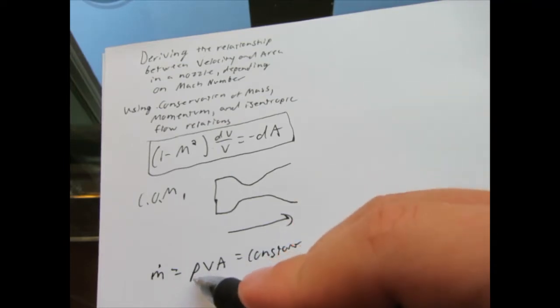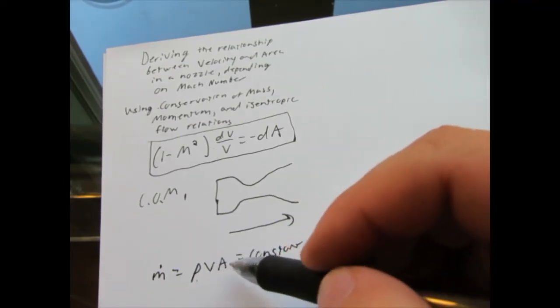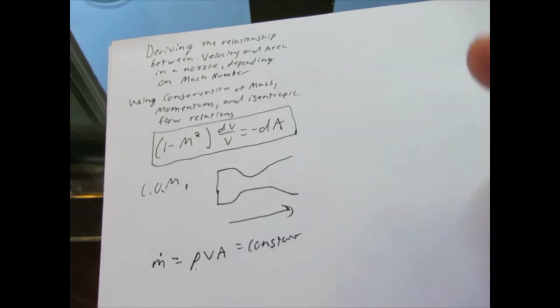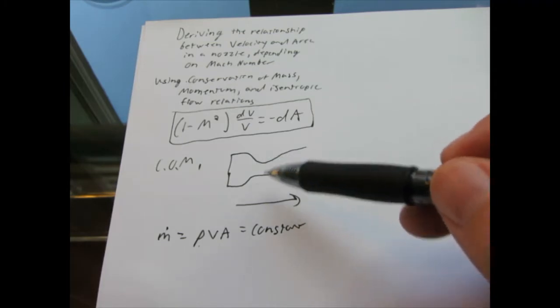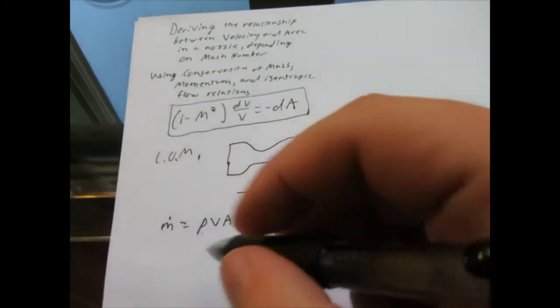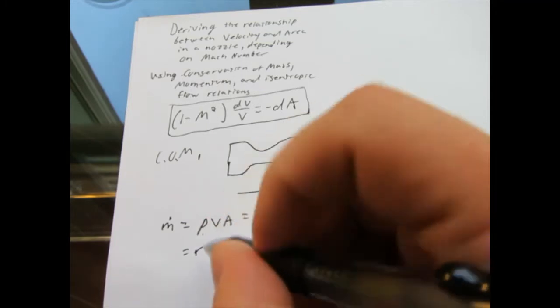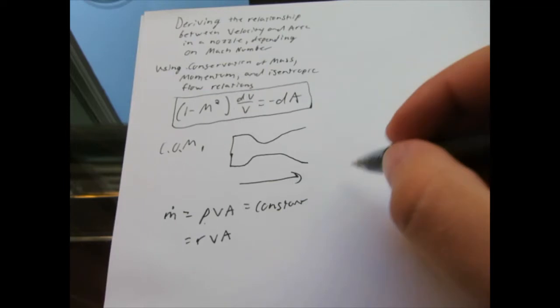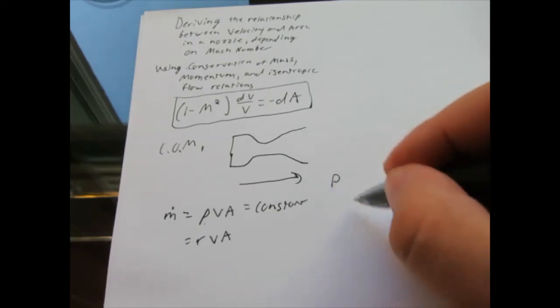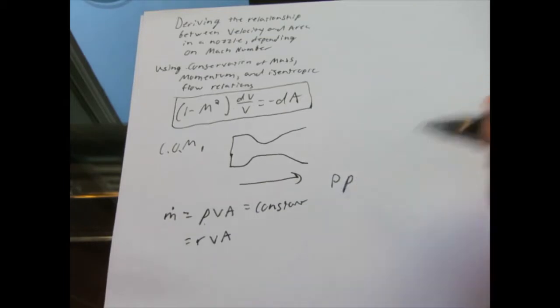So the density of the material times the velocity of the material times the cross-sectional area remains constant the entire way. For the rest of this video, I'm going to be using R instead of rho, just because I'll be introducing a lot of pressures, which I'll be using the symbol P for, and I don't want to get rho and P confused because they can look the same.